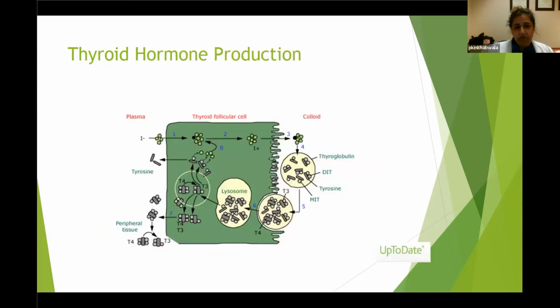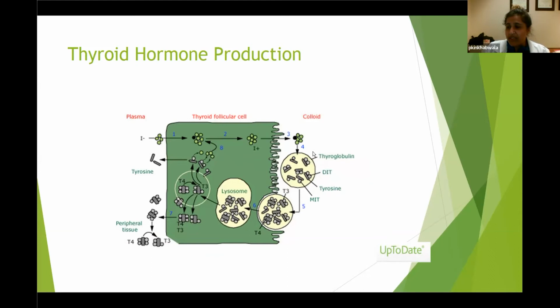Now, the thyroid hormone itself is produced within the thyroid gland in these individual cells. The way that this works is your body takes iodine. The thyroid is the only gland in the body, and the only cells in the body, that are going to use the iodine. The iodine is taken in by the cells and transported to the colloid.